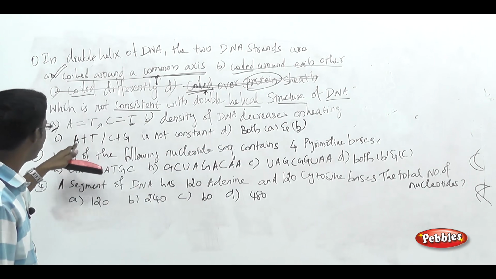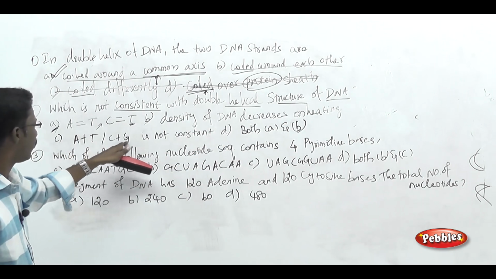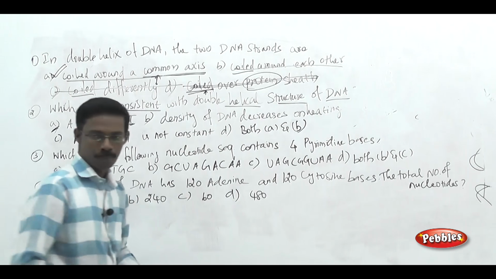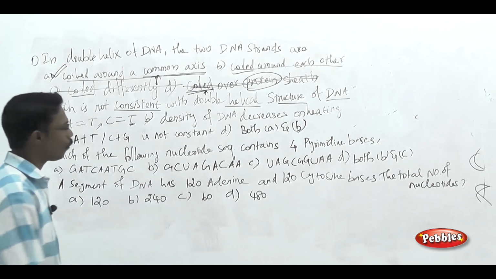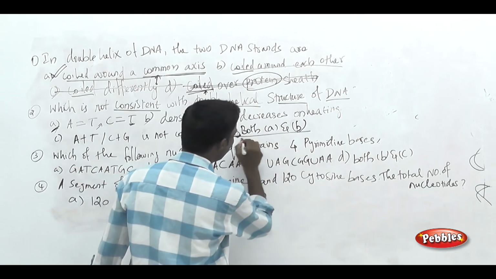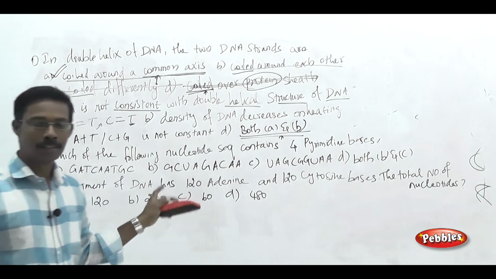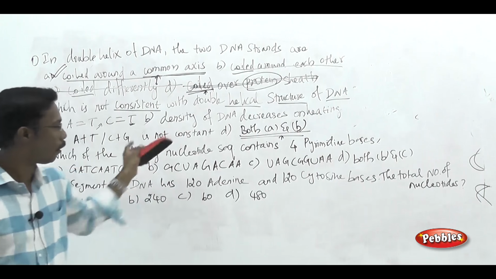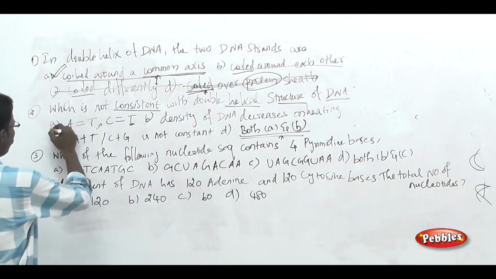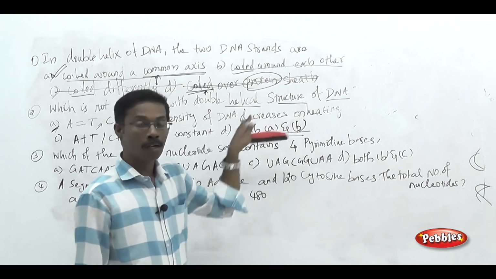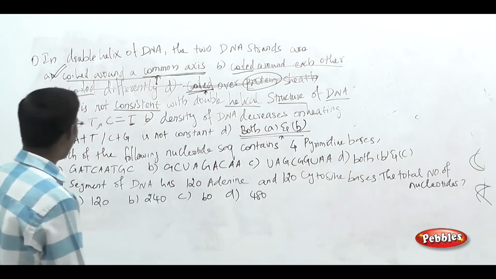Next, adenine plus thymine to cytosine plus guanine is not constant, and both A and B. In many questions you can see choices like this, where you have to choose two or three choices at the same time. Here we are talking about the double helical nature of DNA.